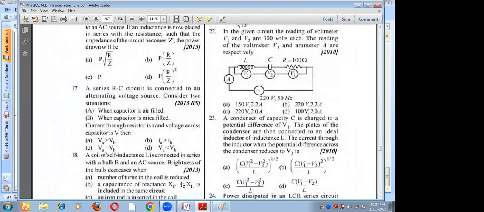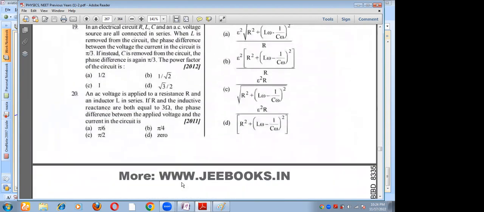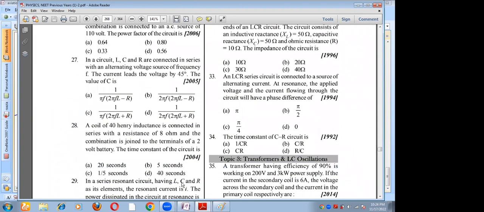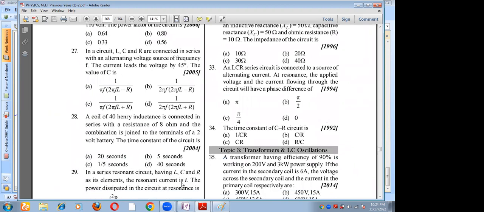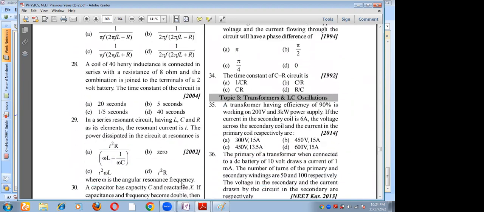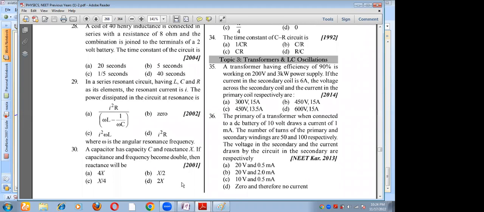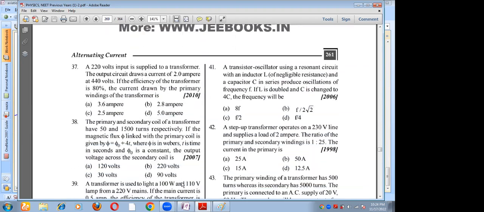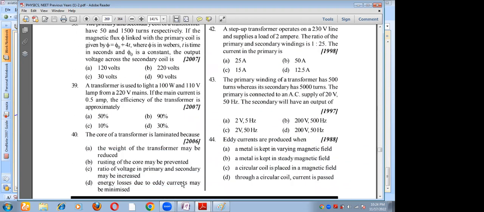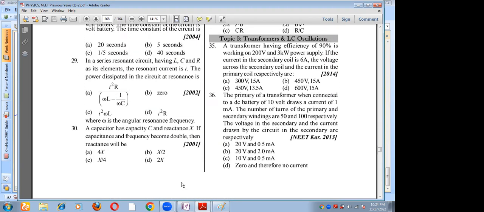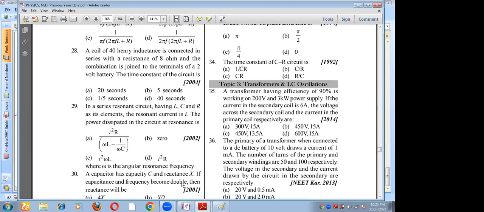So let us do one more question. The transformer we will discuss in the next class.